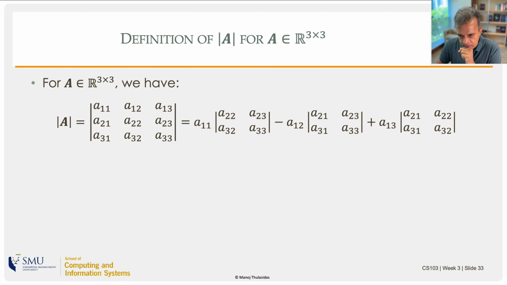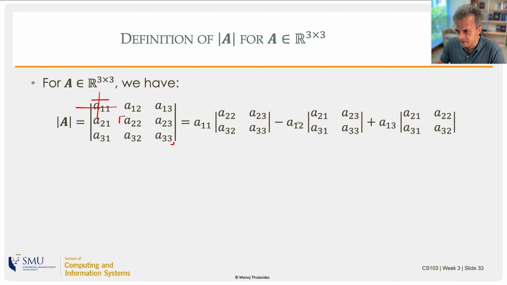Let me explain. So determinant of A, where A has 3 columns and 3 rows, one way of computing that would be to take the first element A11, delete the corresponding column and row, then get the subdeterminant here. That's a 2 by 2 determinant, which we know how to compute.